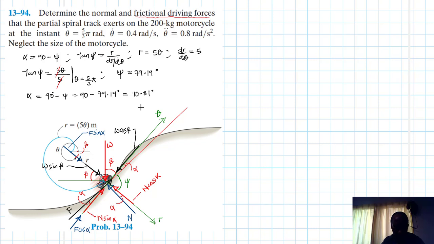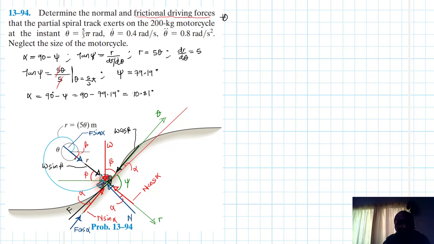So 5/3 times pi, tan inverse of that, 79.19, and then we subtract it from 90 to get 10.81. All right, and then beta is just equal to, let's define the angle first.